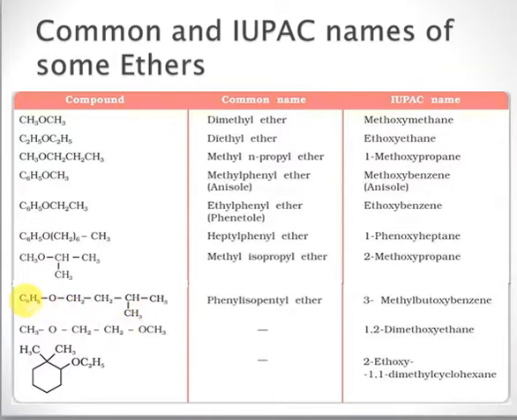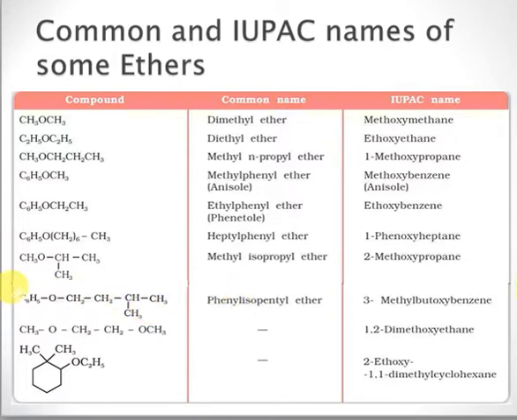So the name for that will be, this is P, and here also we have P. But we have a larger group, phenyl, and we have pentyl ether. You can use both groups interchangeably, but here we'll prefer that the iso group comes later. So the name for that will be phenyl isopentyl ether.